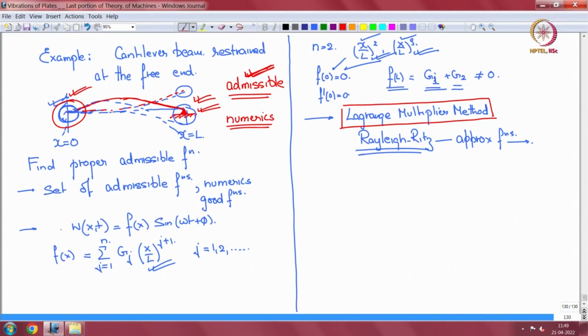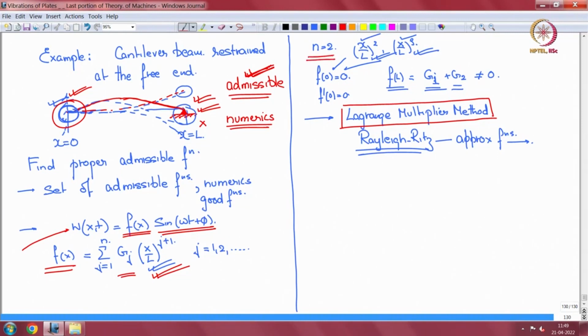So what is it that we have? We have W(x,t), which is the mode shape vibrating freely at the natural frequency, and that special function is now a weighted sum of the original admissible functions which do not satisfy the constraint. So we were taking an example for n equal to 2.